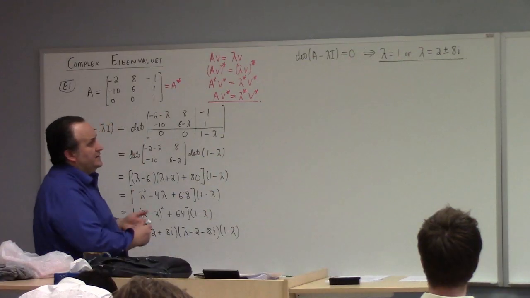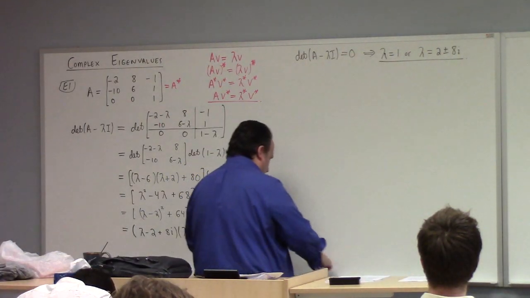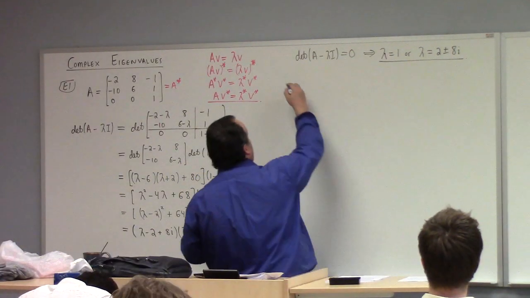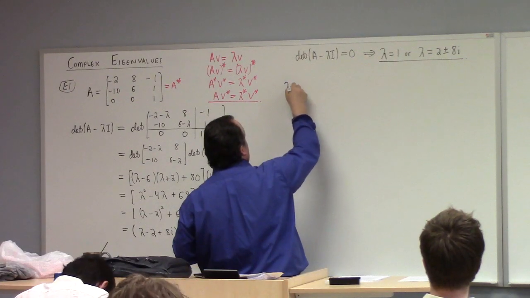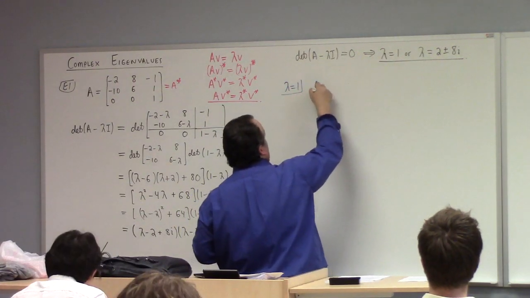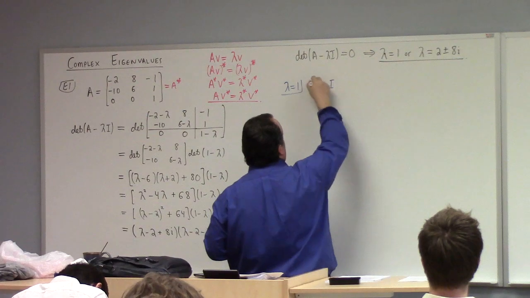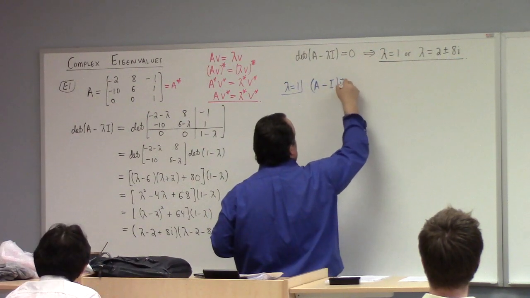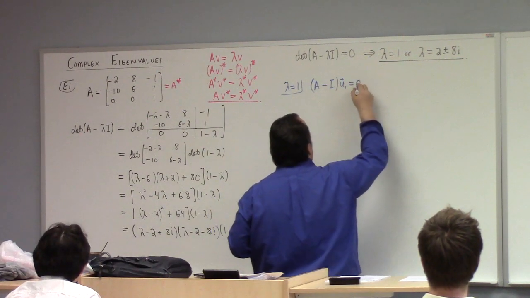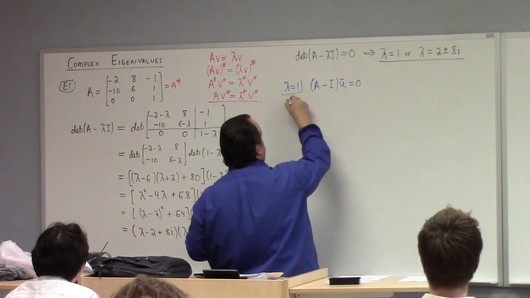Okay, so let's do the easier one. Lambda equals 1. What's my eigenvector? I'm looking for A minus I times U, let's say U1, equals 0. That is what?